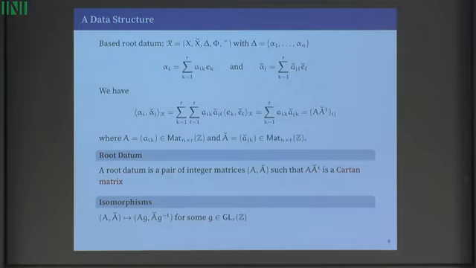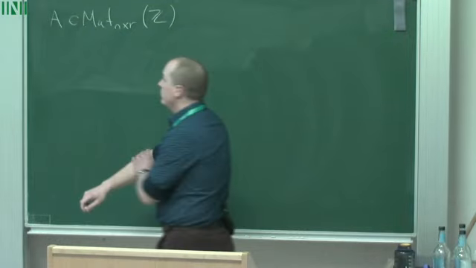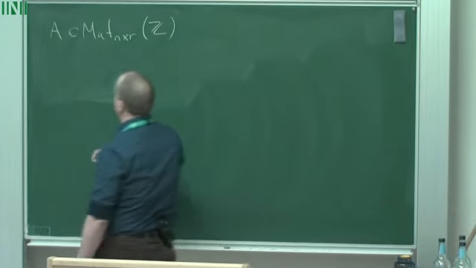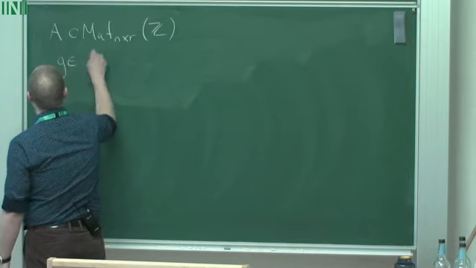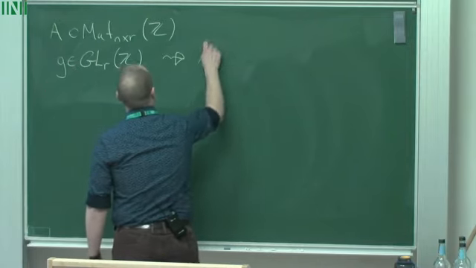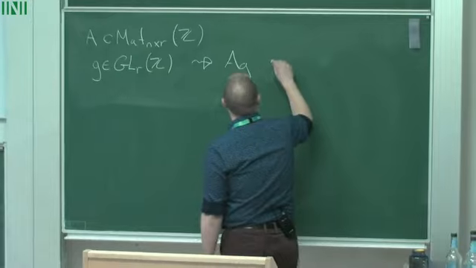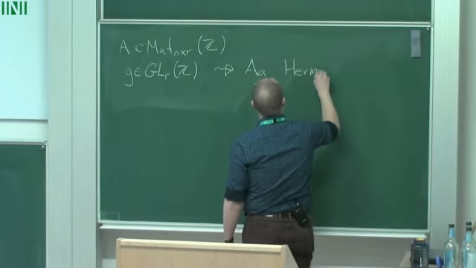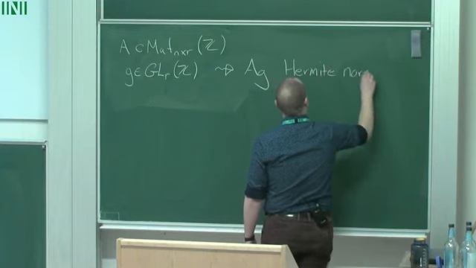And now, of course, my talk should be finished, because if I have an integer matrix A, you can always find a unimodular matrix G such that AG is in Hermite normal form.